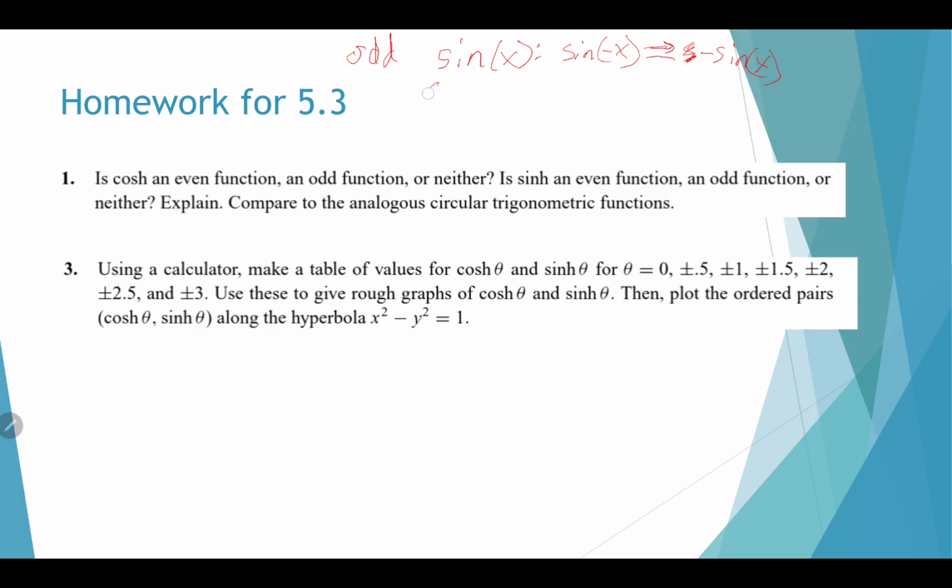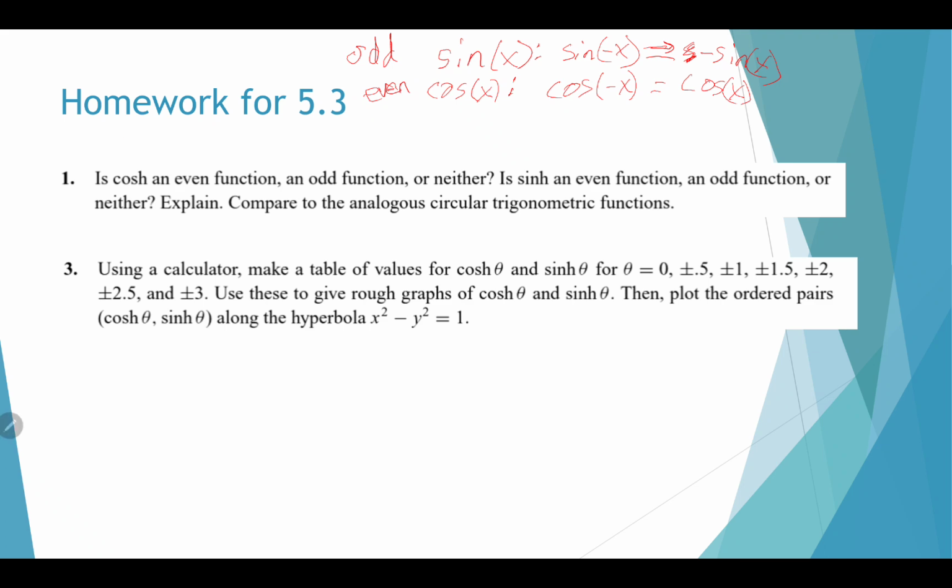And if we think about cosine of x, and we consider cosine of negative x, well, that is actually just equal to cosine of x, which makes that an even function. So we're explaining and comparing.